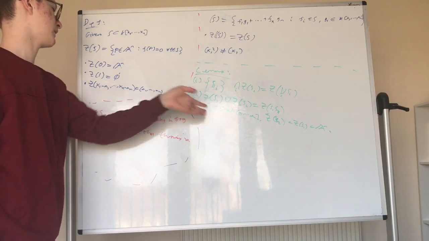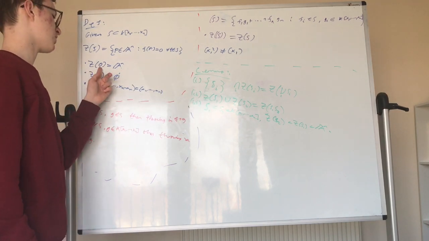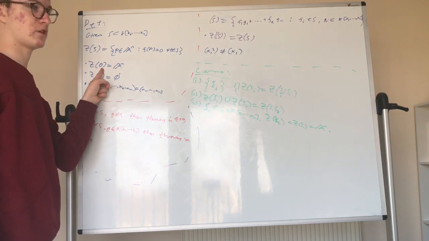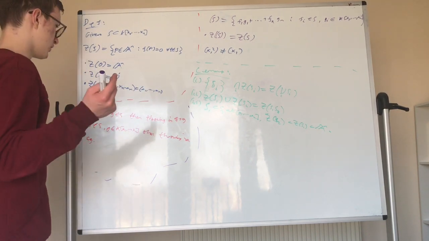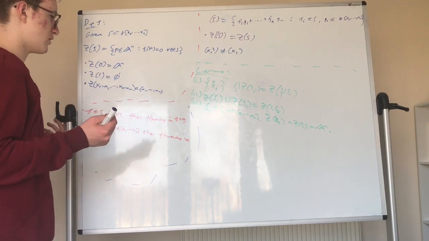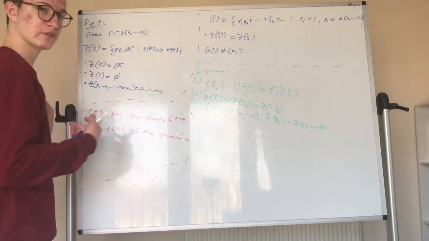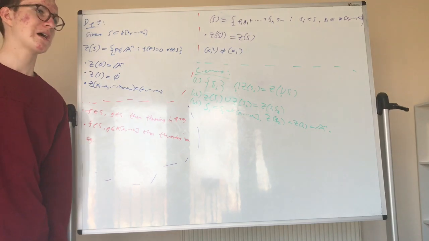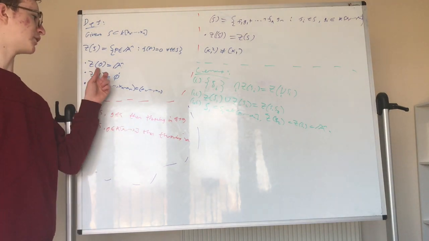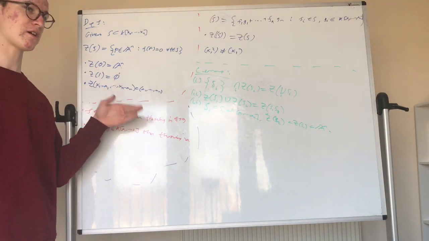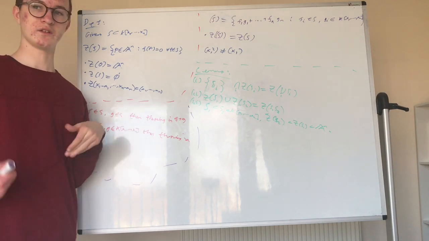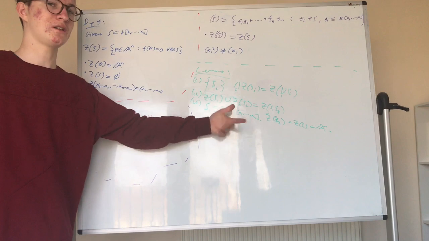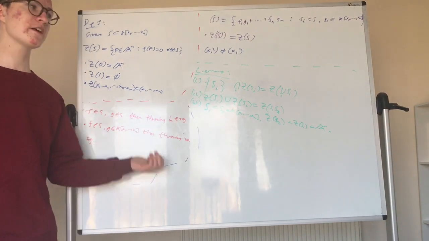For example, for this one, if we have the 0 polynomial, and then we have another set which is the 0 polynomial and just some arbitrary polynomial, then obviously the set containing the 0 polynomial is going to be a subset of that other set. However, Z of 0 is the whole space, whereas Z of that other set will just be the set of zeros for that one polynomial f. So that's a little example to explain the reasoning behind this.